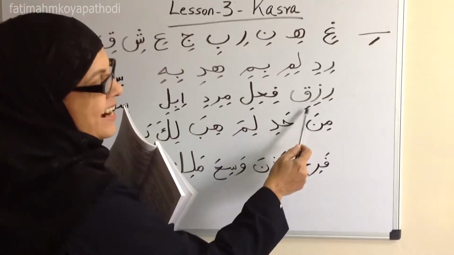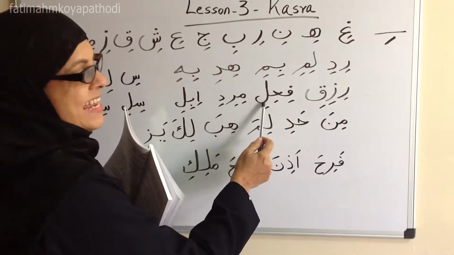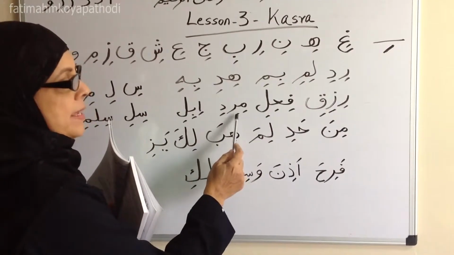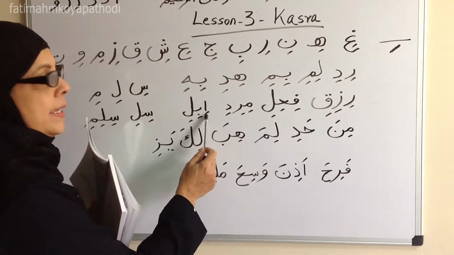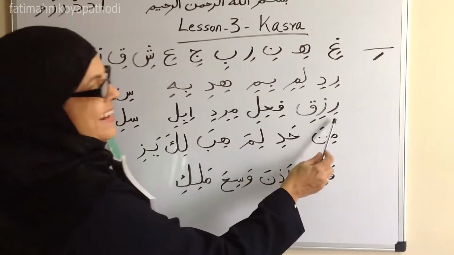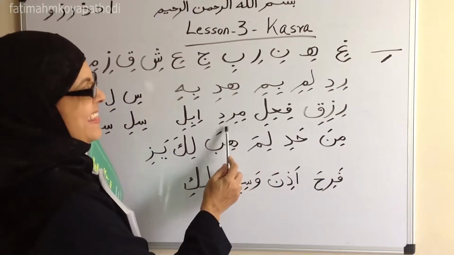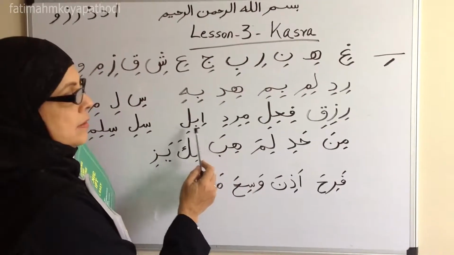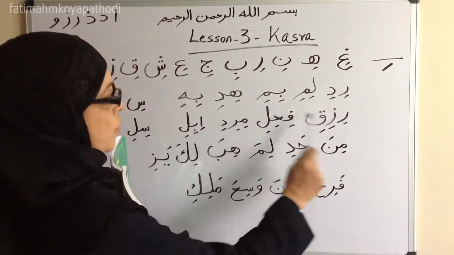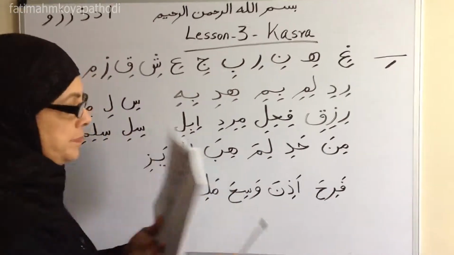Ri, zi, ki, rizqi, fi, li, fili, mi, ri, di, miridi, bi, li, bili. Though these words do not make any sense, we just give these as examples to recognize the Kasra sounds.